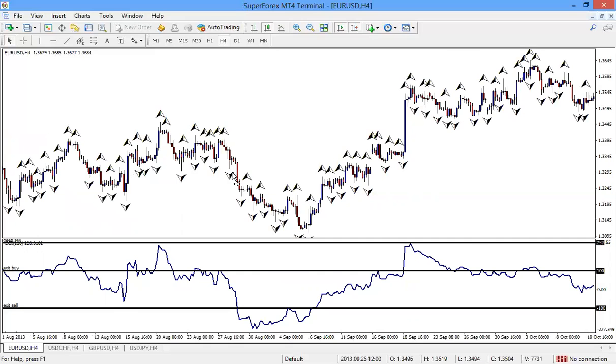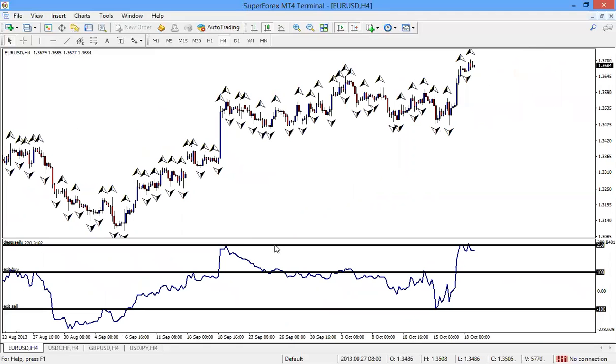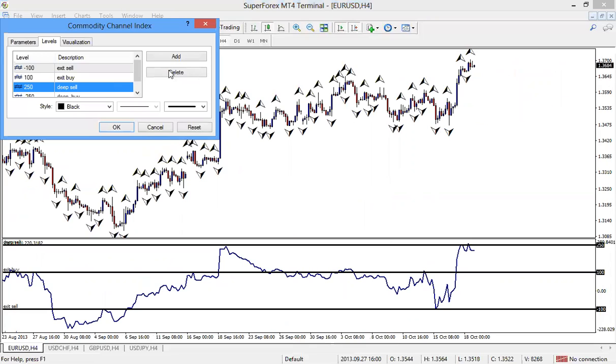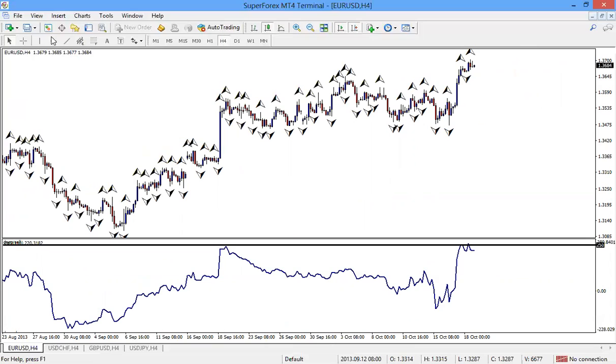But if you know that you can watch the market, you can just remove the level 100. You remove it, so you only exit your trades around this area.